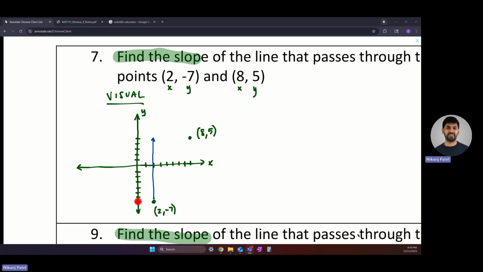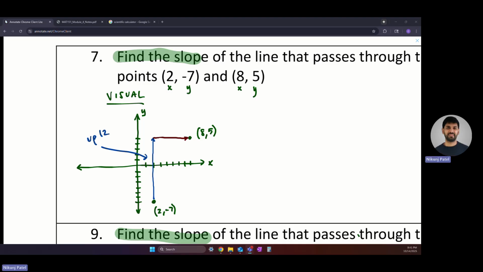Well, in total, to go from -7 up to +5, that's a total of 12 units to get from the bottom up here to this level. So I'm going to write that this was up 12.